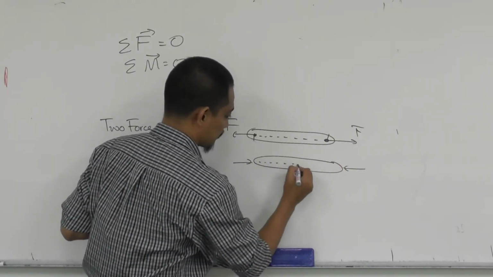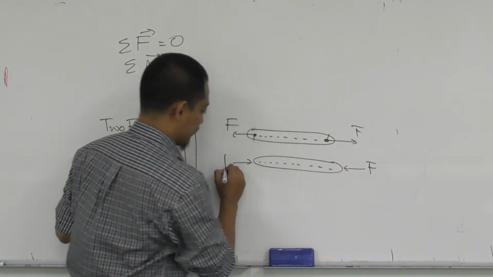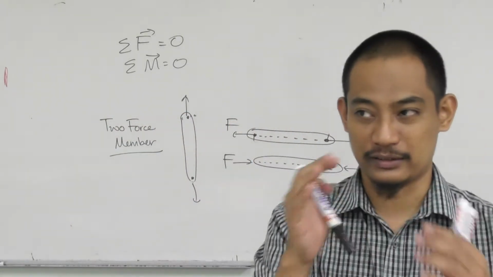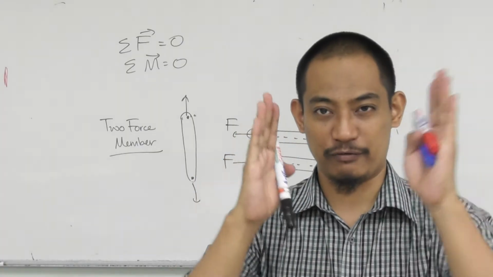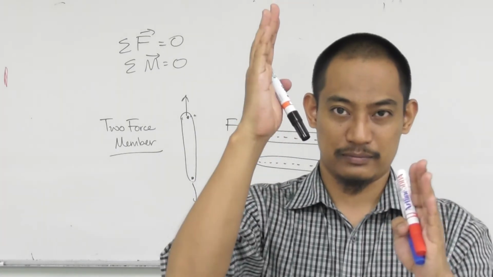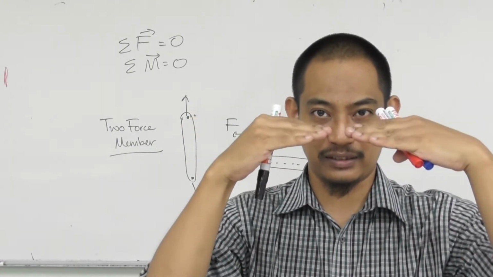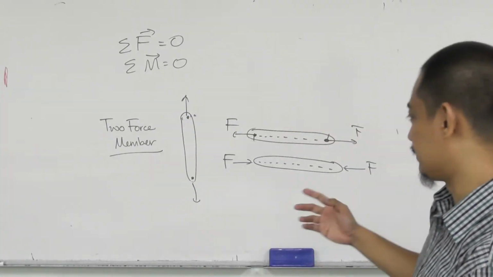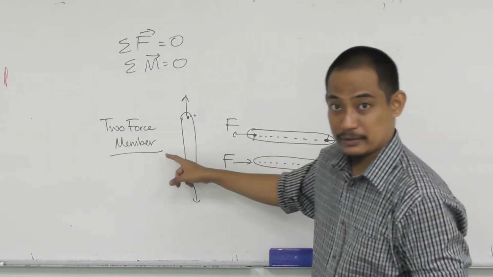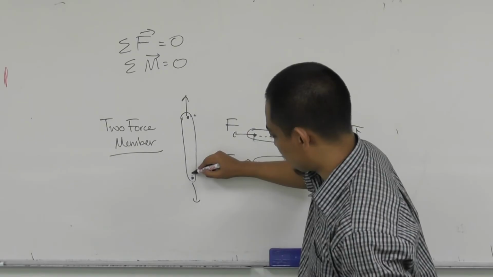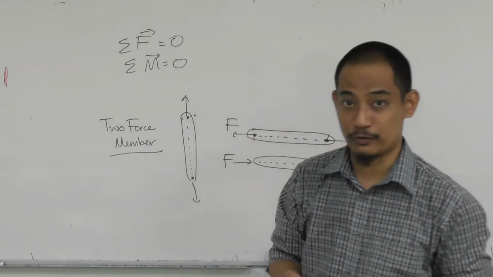As long as they go through one line, then moment equals 0, because it's just one line, it doesn't have any distance. If you have a force like this, it has a distance, so it has a moment. When it's just meeting like that, it doesn't have a moment. So similarly here, to have force equal to 0 and moment equal to 0, the forces must create one line.